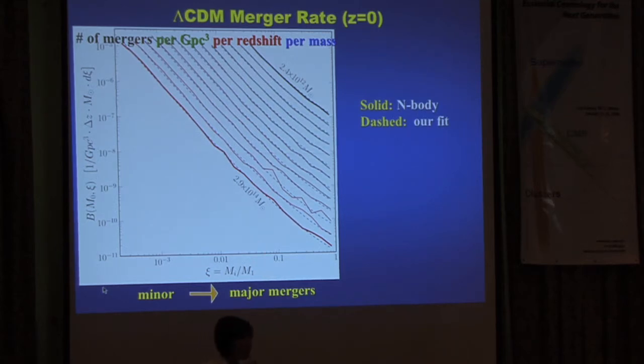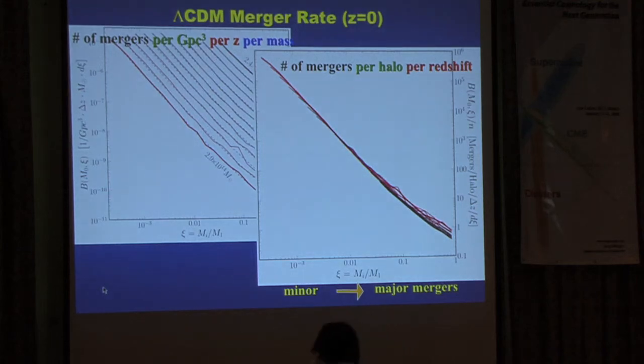So we thought it makes more sense to calculate the mean mergers per halo, the average number of mergers a halo would experience. So we divide this by the number density of the descendant halos per volume. We called this B, and after we did B over little n, where n is the number density of halos, a remarkable thing happened. All these curves collapse onto each other.